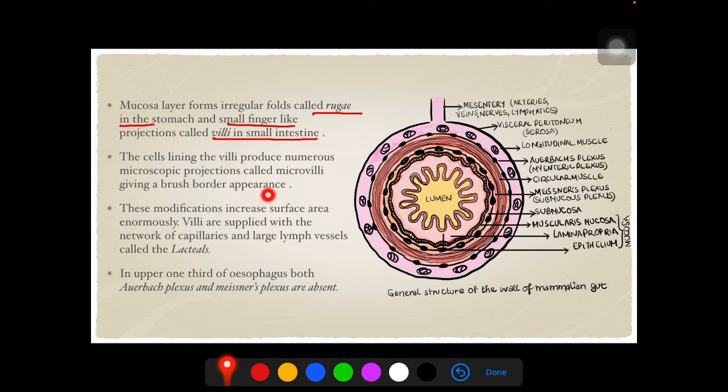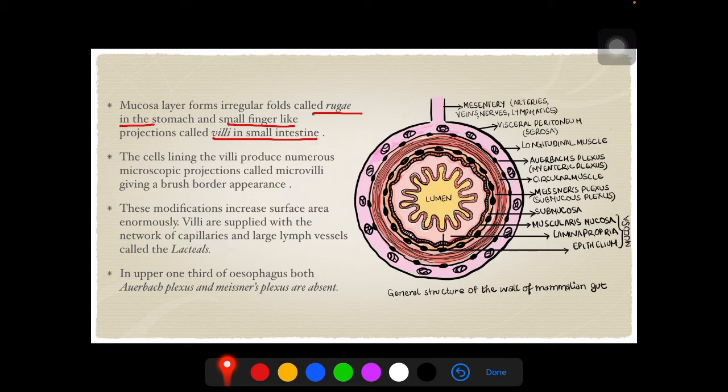So the appearance of villi is like a brush border because of the presence of microvilli. Why do we require these modifications? They are required because they increase the surface area enormously. They also increase the luminal area, which is used for absorption.